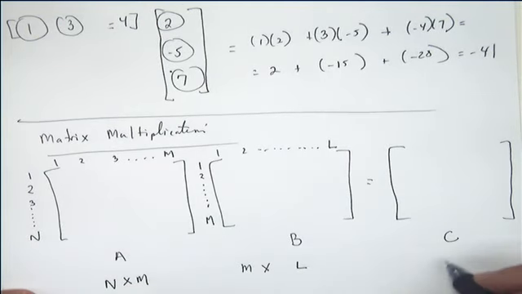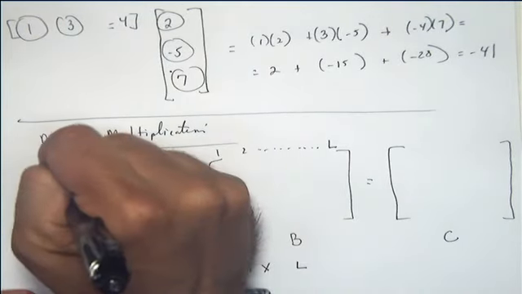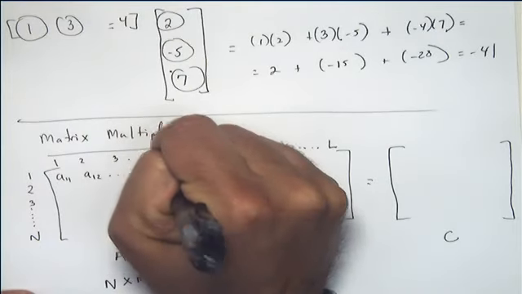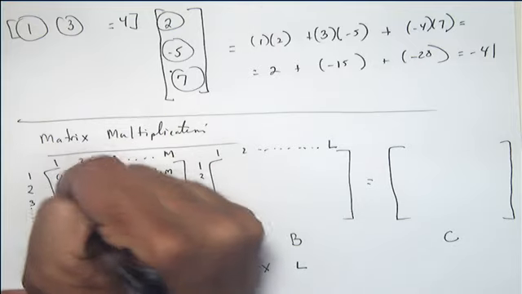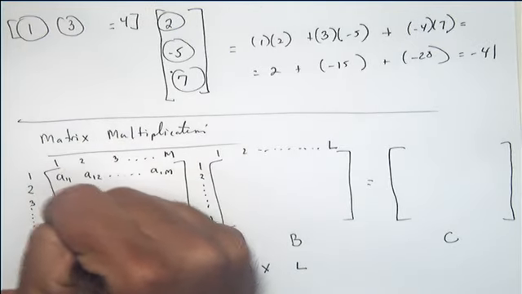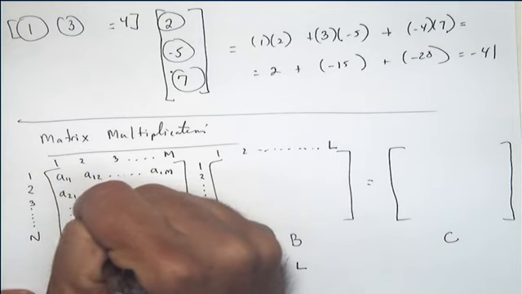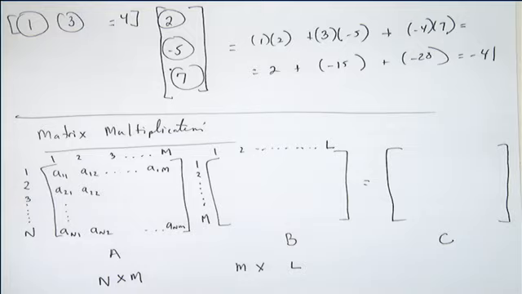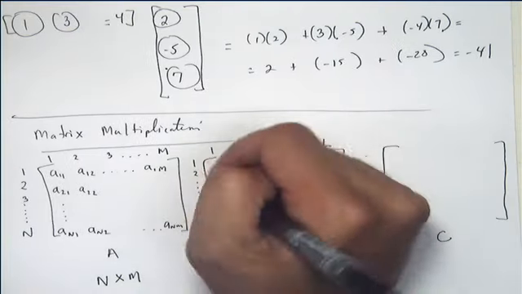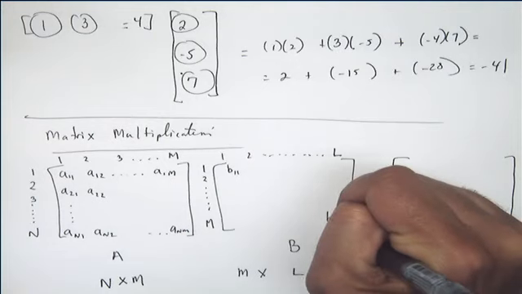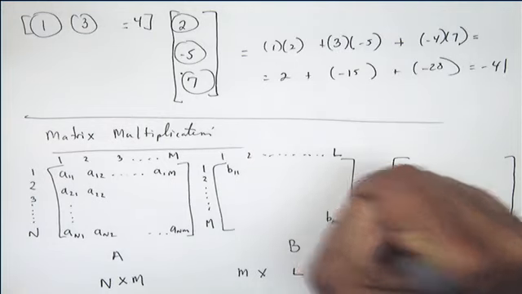Sometimes what I'll do is write A11, A12, A1M, A21, A22, AN1, AN2, ANM. So I use those little subscripts in there. And this would be my little B11, and this would be BML.